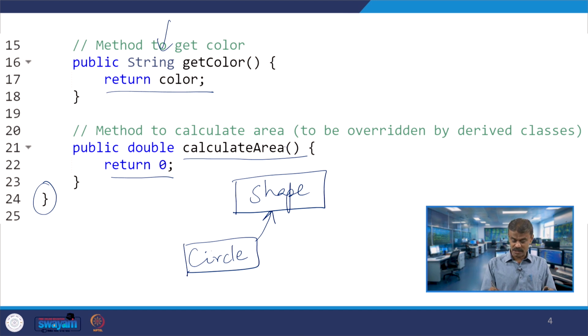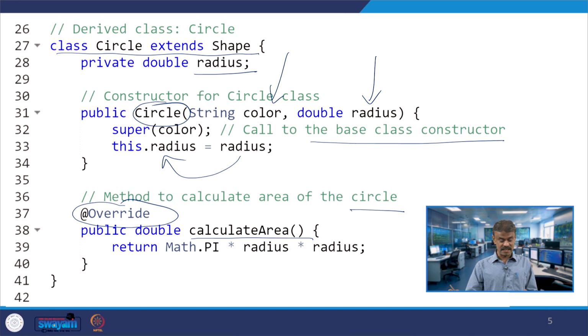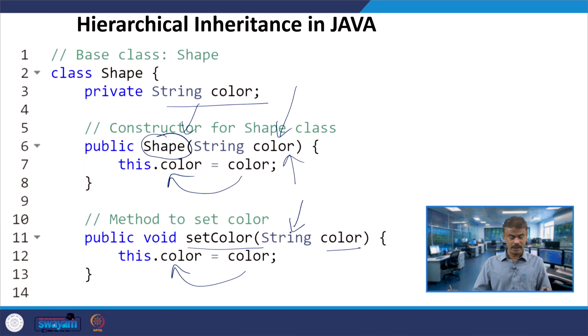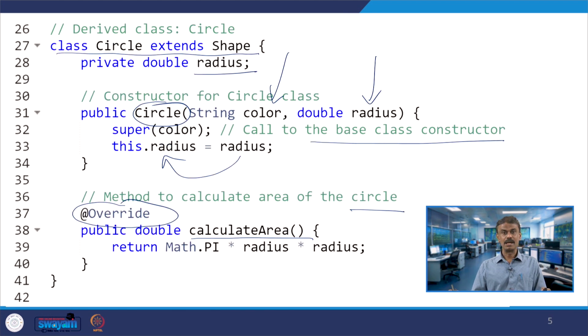This method is available in both classes. Shape returns 0, and in the case of a Circle it is calculating pi r squared using Math.PI, assuming I have included the math library, so radius multiplied by radius, return pi r squared.